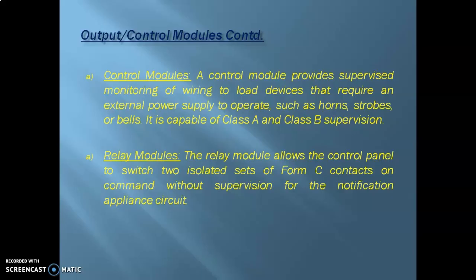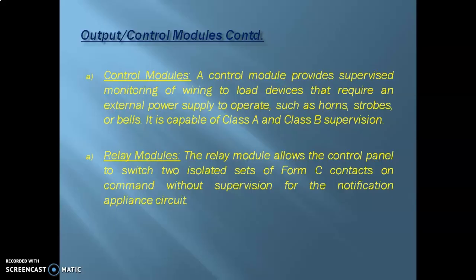Now moving on, let's talk about the relay modules. The relay module allows the control panel to switch two isolated sets of Form C contacts on command, without supervision for the notification appliance circuit.